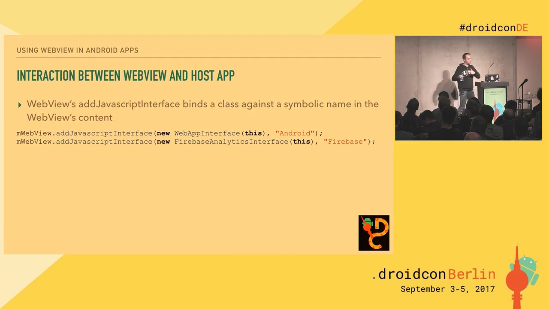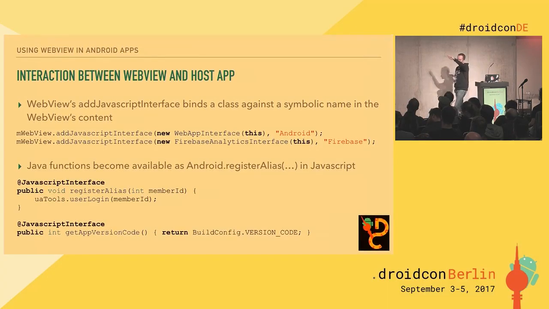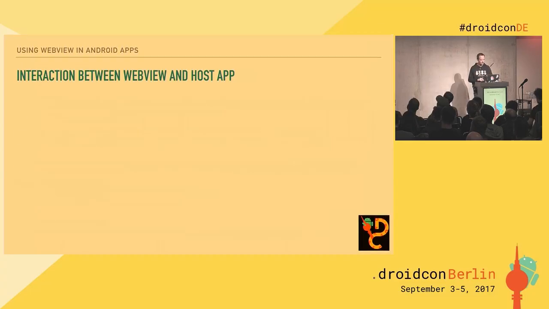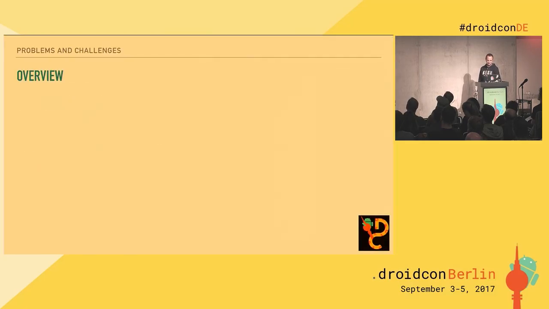And then in JavaScript, I can call functions in that interface that are annotated with JavaScriptInterface. So this register alias function, for example, I could call with android.registerAlias from JavaScript. The other way is rather ugly. Essentially, if you want to call into JavaScript, you need to do it with a loadUrl, javascript:, blah, blah, blah, my function.